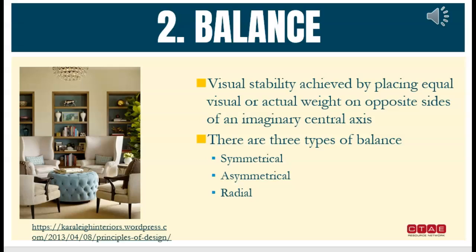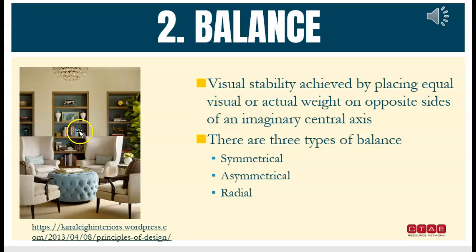Then we have balance. Balance is visual stability, achieved by placing equal visual or actual weight on opposite sides of an image's central axis. We can see that we have a blue ottoman in the middle, and two wingback chairs with the same patterned pillows.